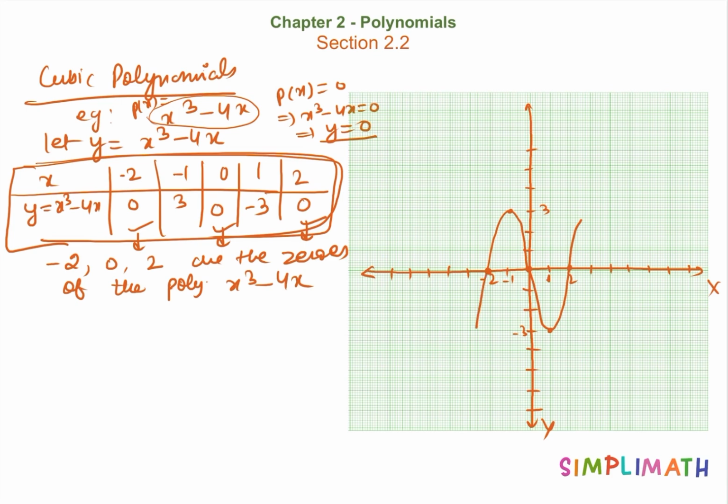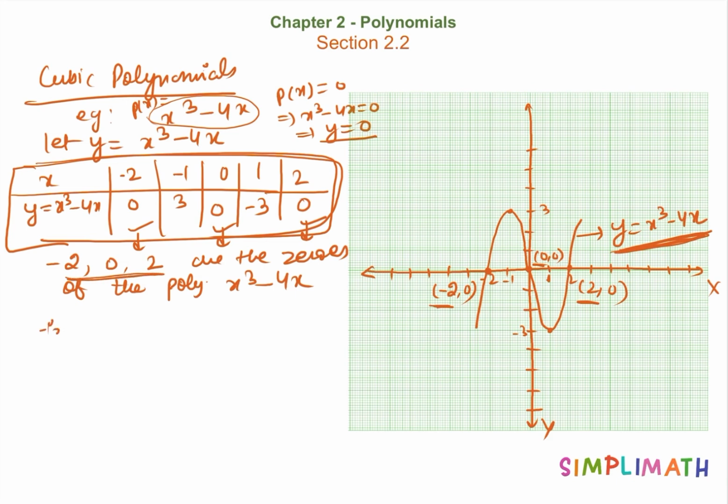Alright, so this graph is y equals x cube minus 4x. The graph of y equals x cube minus 4x intersects the x-axis at minus 2 comma 0, 0 comma 0 and 2 comma 0. Now notice the x coordinates of the points where the graph of this equation intersects the x-axis. It is at minus 2, 0 and 2. And these are the same points as the zeros of the polynomial.